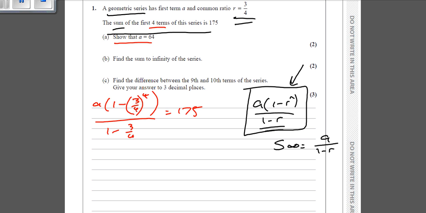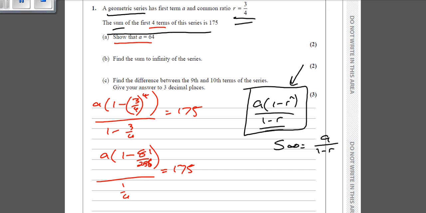And then it's a matter of trying to expand it. So 1 minus (3/4) to the power of 4. So you just type that in. And that's going to be 1 minus 81 over 256, over 1/4, equals 175. Times both sides by 1/4.